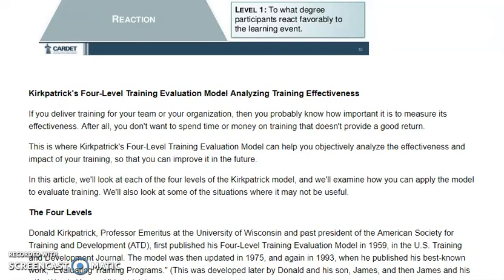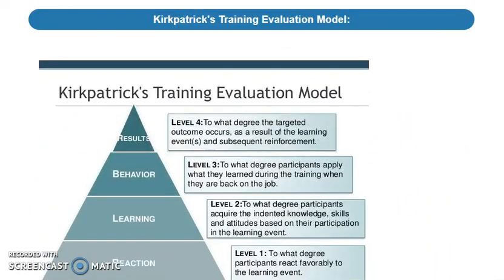It can be expensive and very time-consuming, but it's definitely a good way to determine whether or not the program was effective. And this is important in education, because as we see this move in higher education towards more value for your dollar as you learn, evaluation is important to determine whether or not a program is effective.